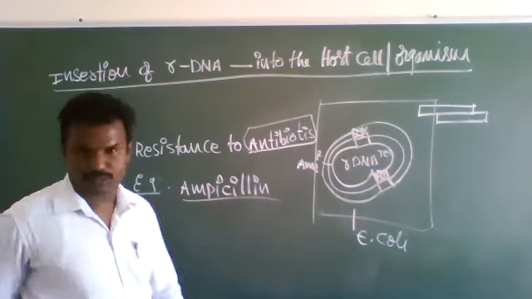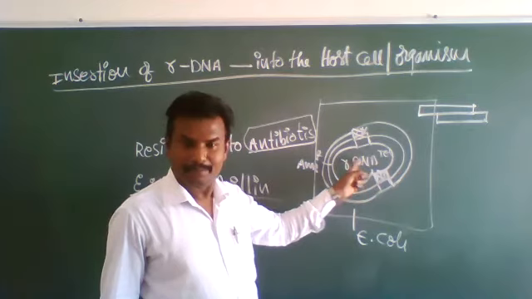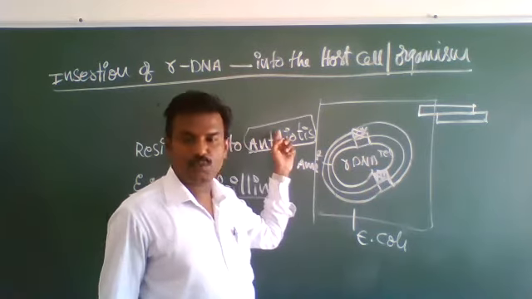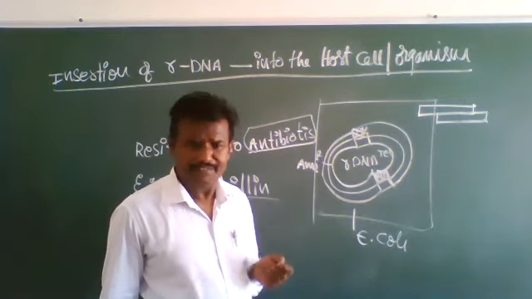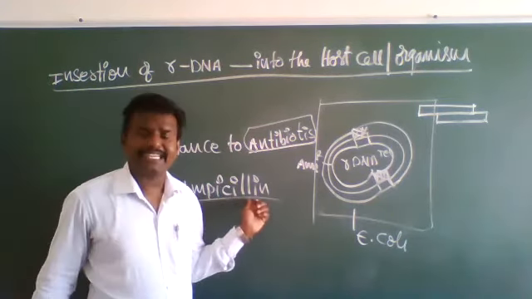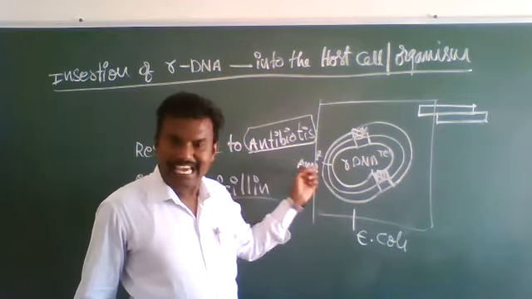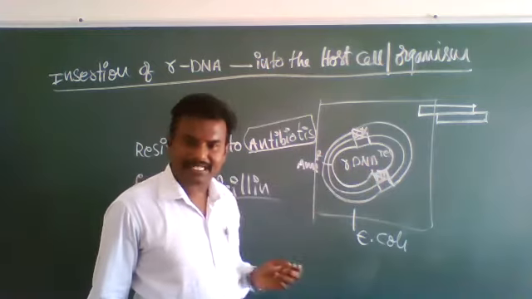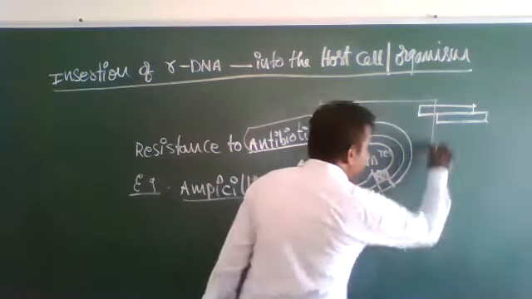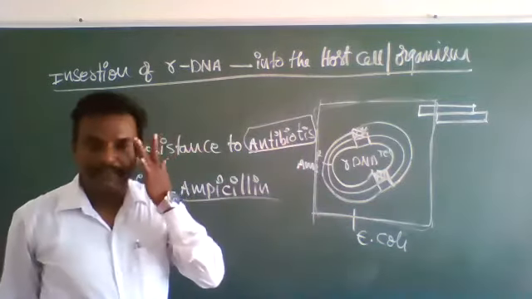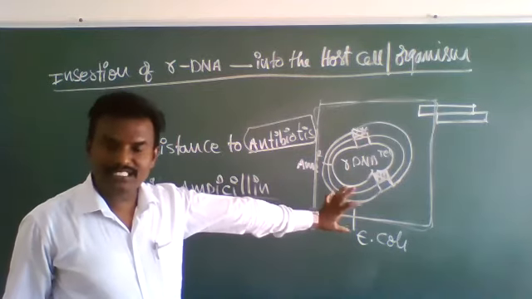Once again, I am repeating the point: recombinant DNA bearing a gene for resistance to antibiotics, especially ampicillin. If we transfer ampicillin-containing DNA into E. coli, the E. coli cells become resistant to ampicillin.